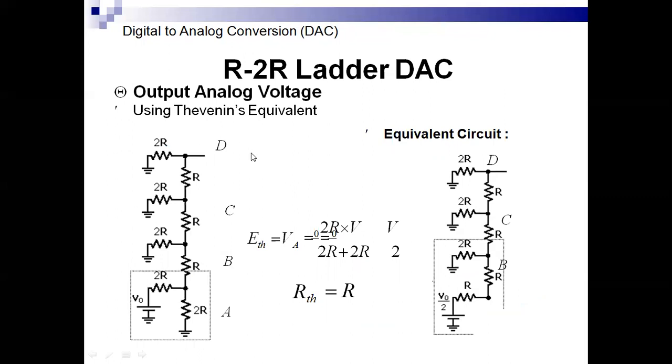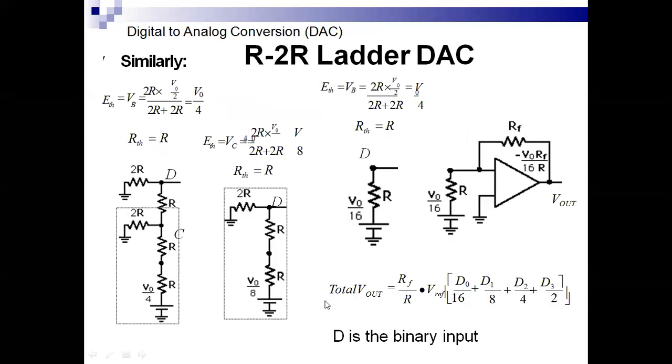Now the output analog, that is the equivalent circuit, where 2R into V divided by 2R plus 2R, that is R equal to R. Here we have a similar equation.